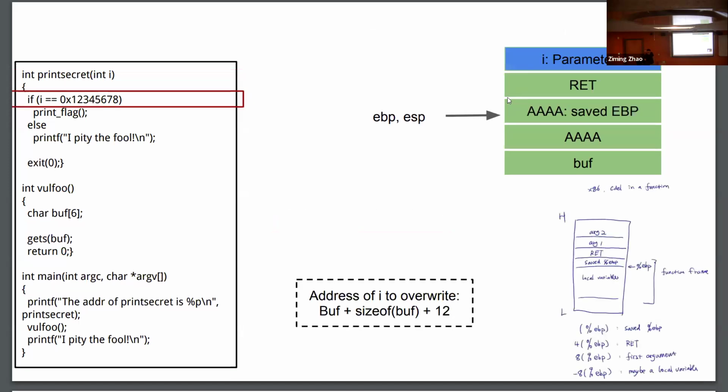And now we finish setting up the stack frame of this print secret function, right? So the print secret function's EBP will point to this address. So this is exactly what you asked. What is different here?